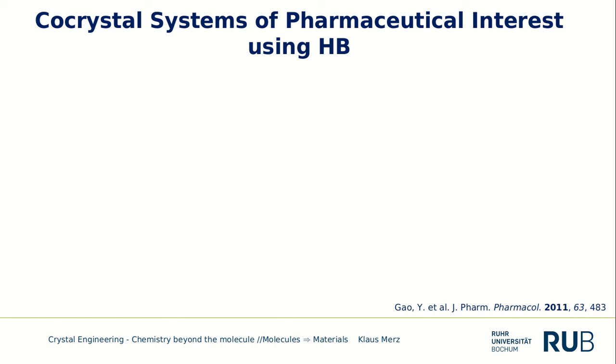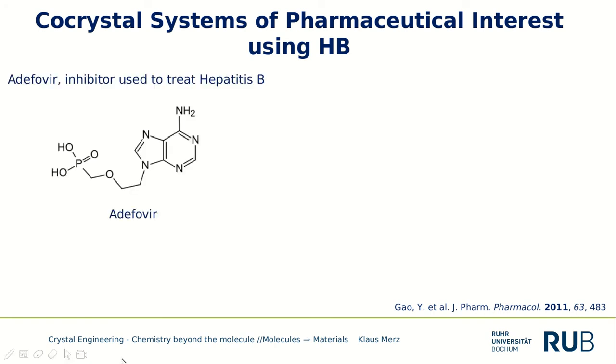In the pharmaceutical industry, each group has its own team only looking at forming co-crystals and looking for polymorphic behavior of APIs. Okay, only one example here, using hydrogen bond.